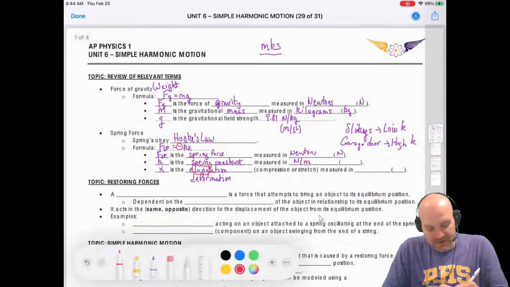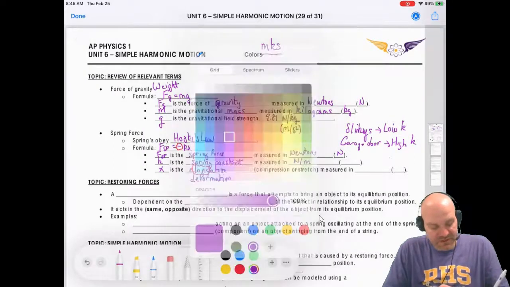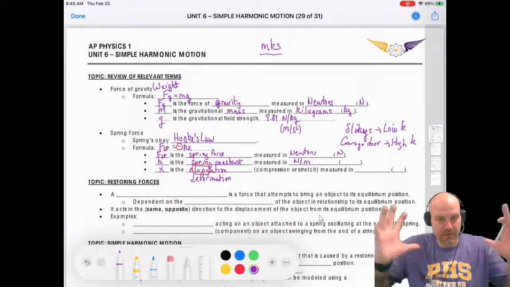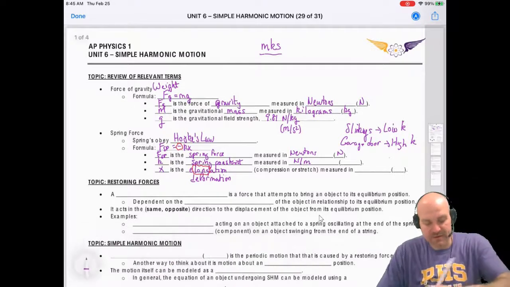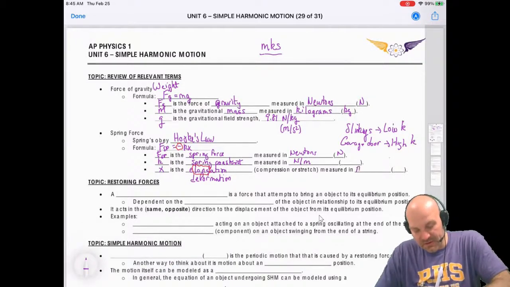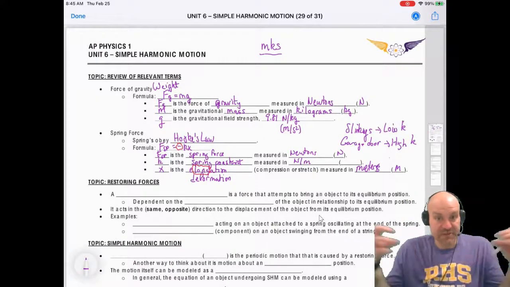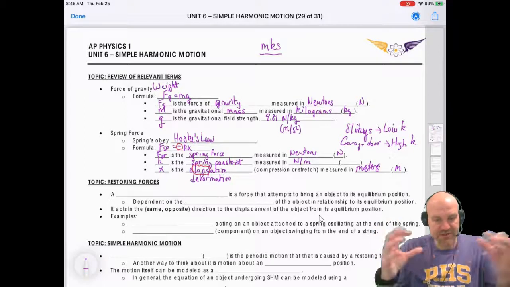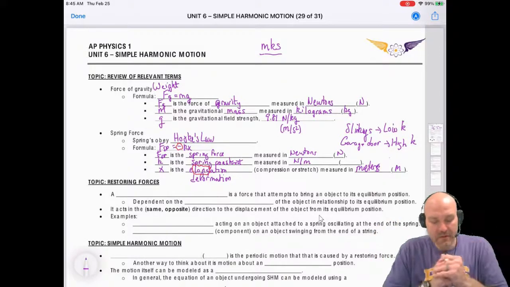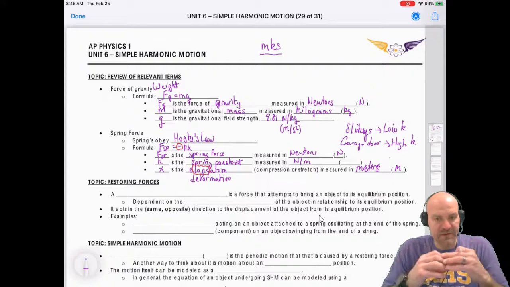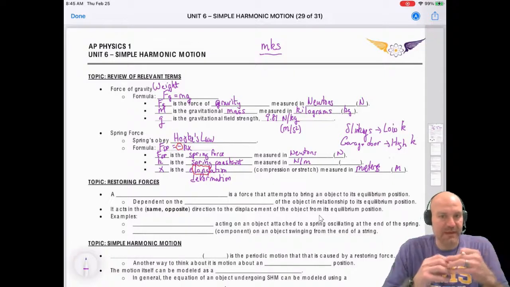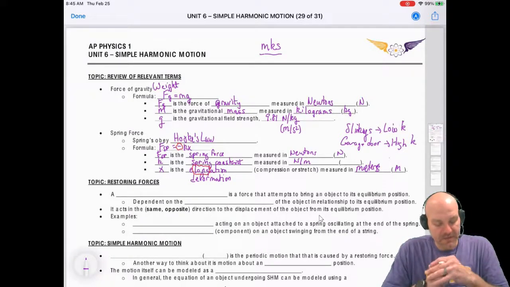But remember, it accounts for both the stretching, which is pulling apart, and the compressing, which is pushing together. And this is going to be measured in meters. So if you're given centimeters, because that's often what they'll do, since springs don't stretch meters at a time, they stretch or compress centimeters at a time, make sure you get it back into meters.